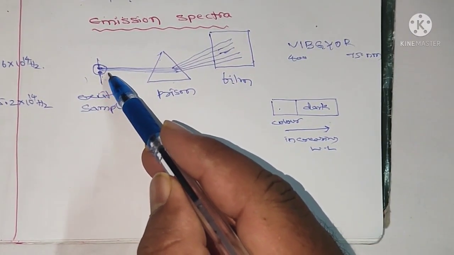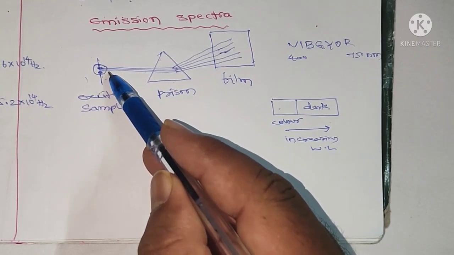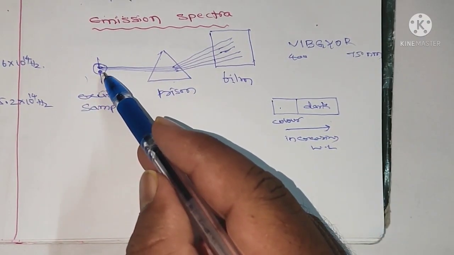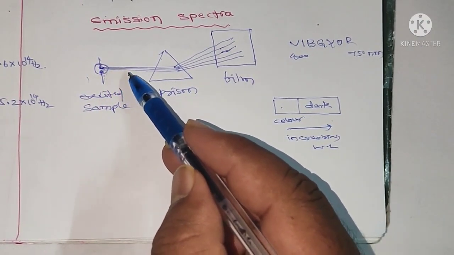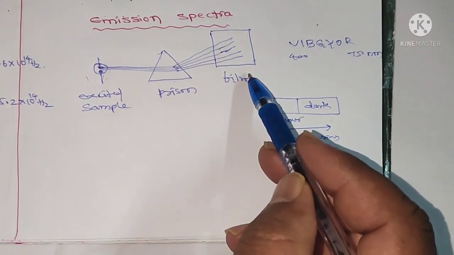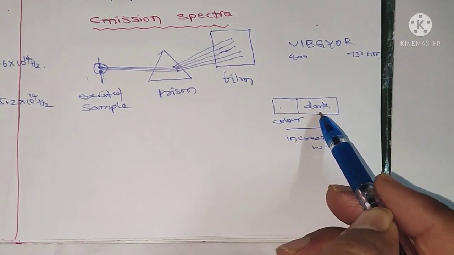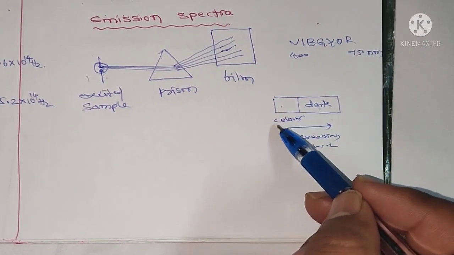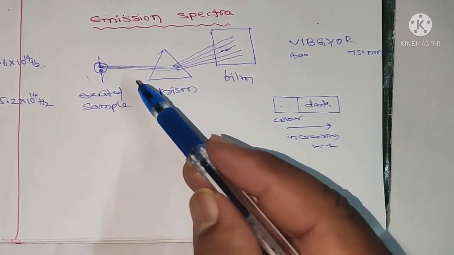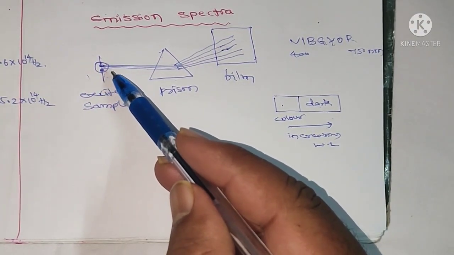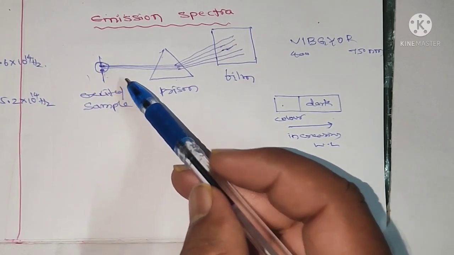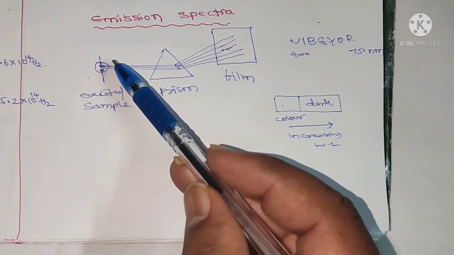So from here to here, this range is absorbed by the atoms or molecules or ions, and when you heat them, that absorbed radiation will be emitted.